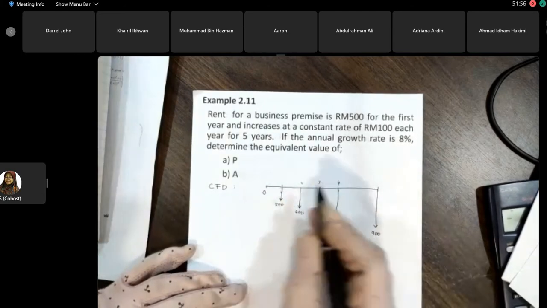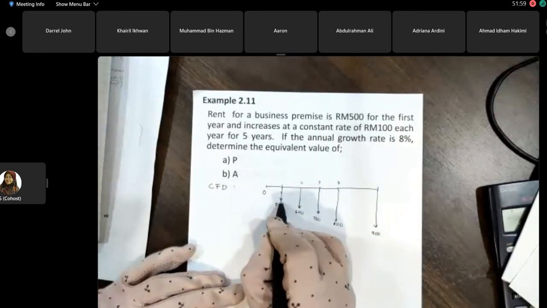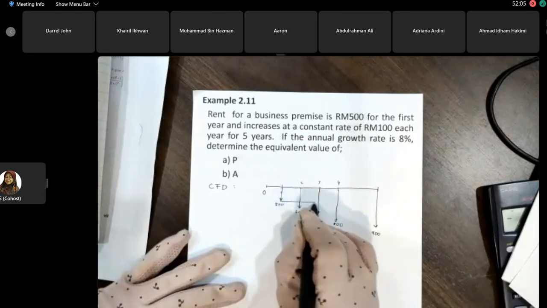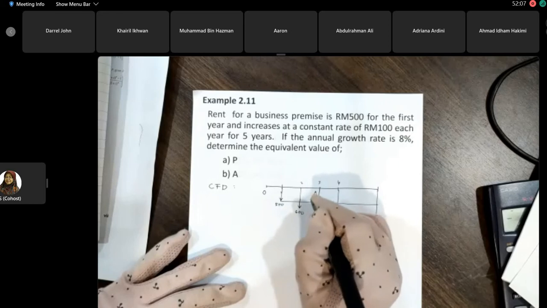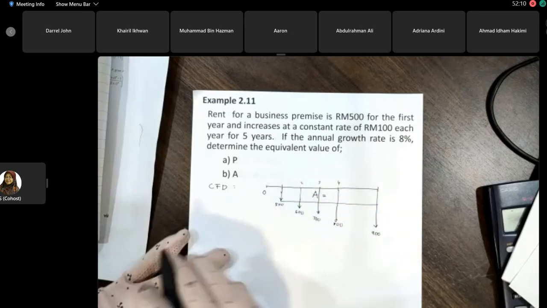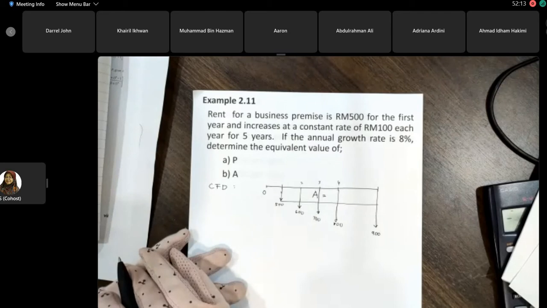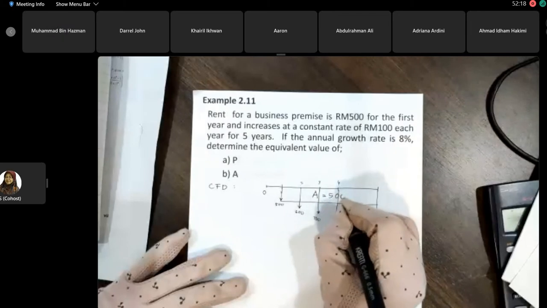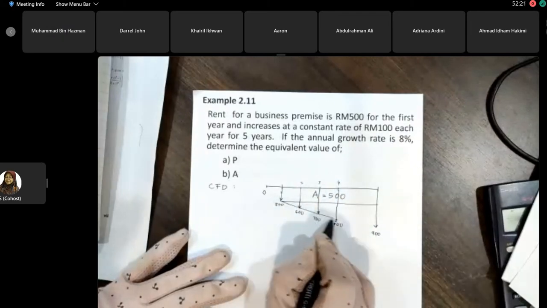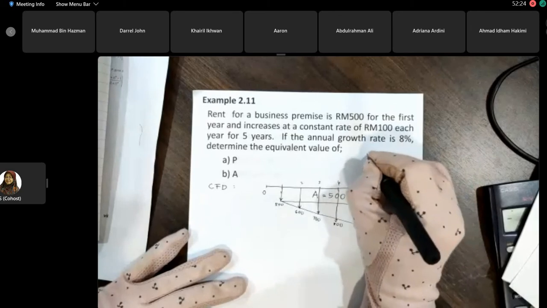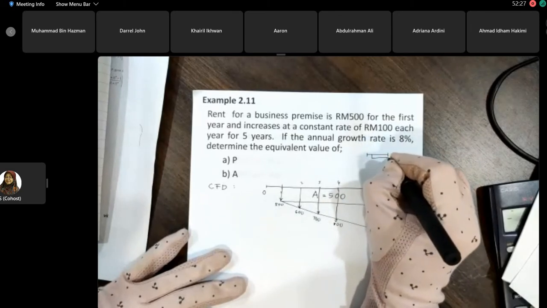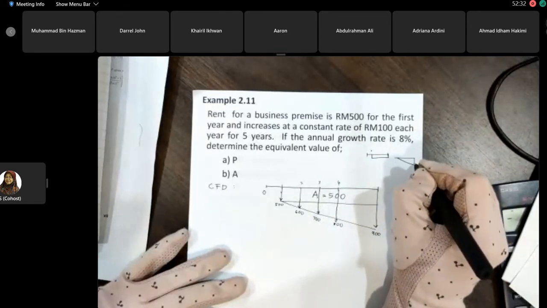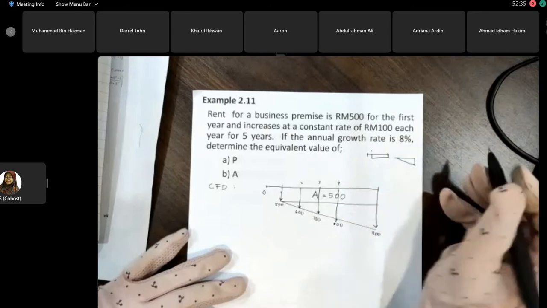So what you have to do is, okay, for this part actually you have two calculations. Okay, this is A. What is the A value here? 500. Yeah. The A is 500 ringgit. And then you have G. Because you know A normally, okay, katakan let's say dia punya A, okay, this A. And then G, ingat kan, the shape must be in the triangle.